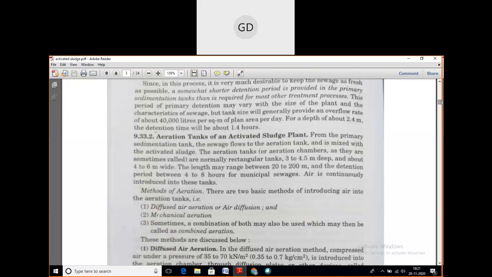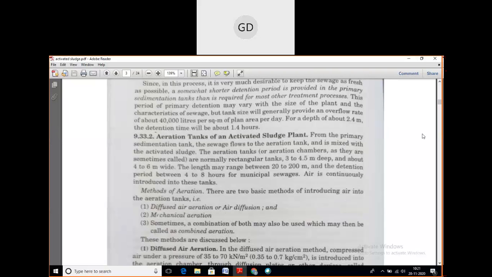Okay, so the aeration tanks, we will study the methods of aeration. As it's written here, from the primary sedimentation tank, the sewage flows to the aeration tank and is mixed with the activated sludge.